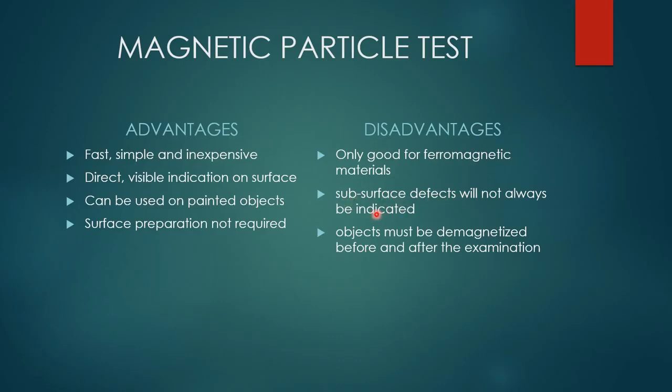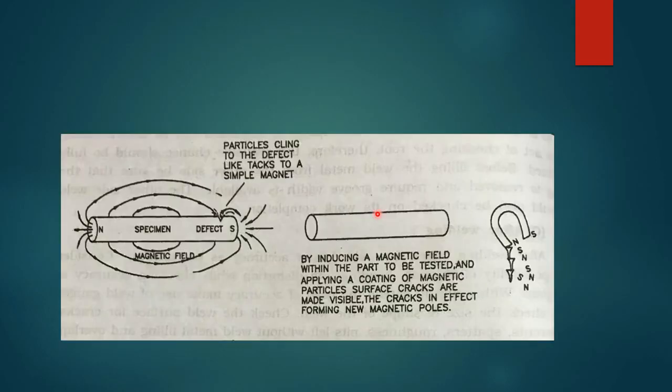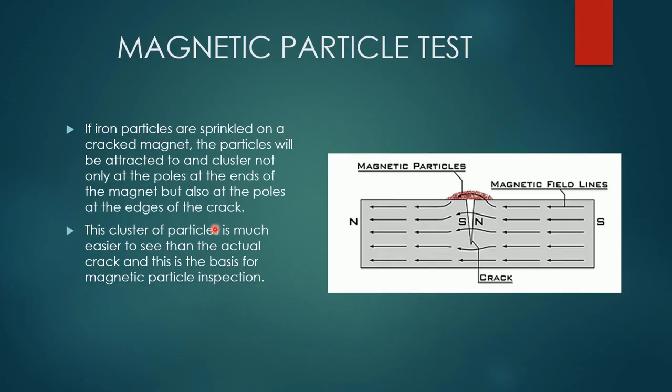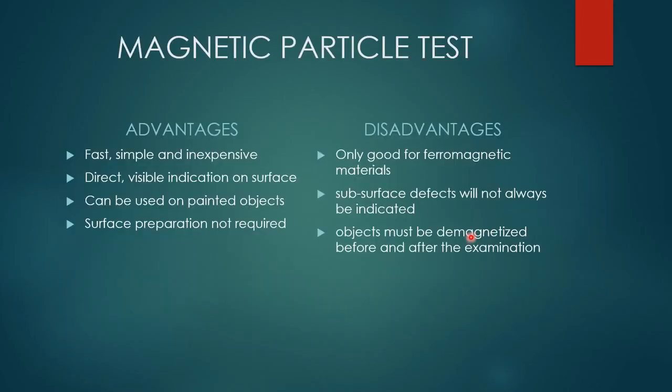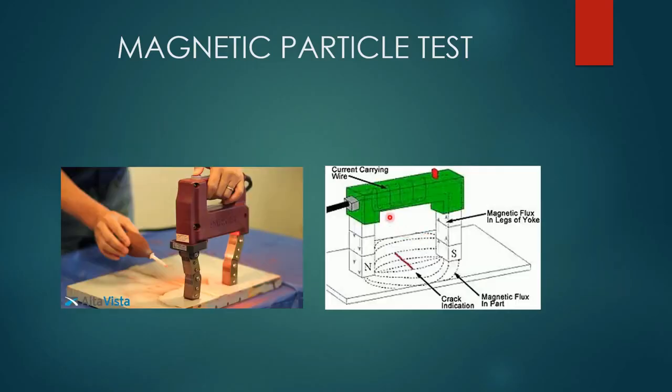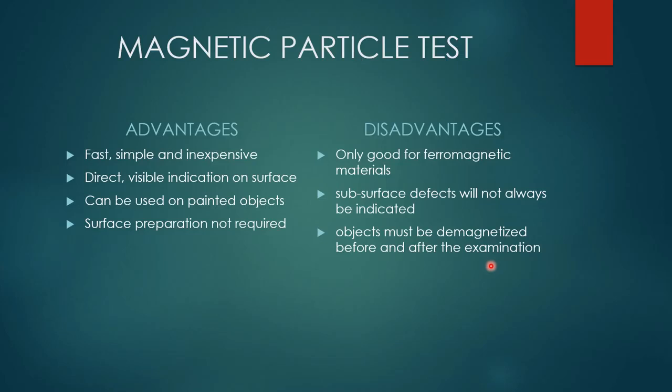If subsurface defects are deeper than 1.5 centimeter or 2 centimeter from this top edge area, if the crack is over here, it cannot detect that particular crack. Objects must be demagnetized before and after the examination, because whenever this material is magnetized by this particular yoke, it can attract other ferromagnetic materials also, so we have to demagnetize it.